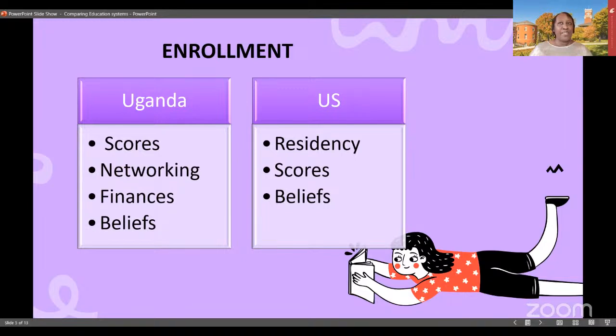And then I also wanted to bring in something regarding, for example, nursing. Nursing is a very good course that really leads someone to living a successful, fulfilling life after. But if you are comparing a nursing degree in the Ugandan system with a nursing degree in the American, coming from the Ugandan perspective, you may think, oh no, I do not want nursing, but nursing is a great one.